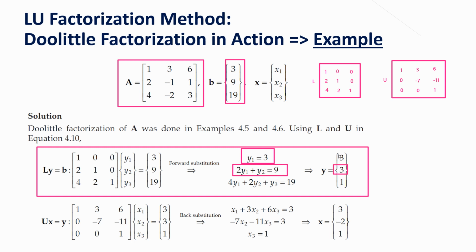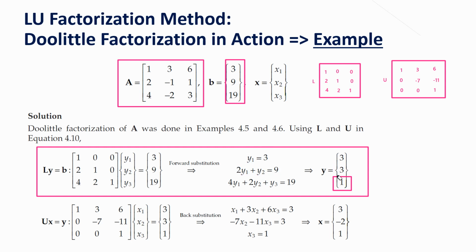Now y1 is 3, y2 is 3, you substitute back here, and then the last one: 3 multiplied by 4, 3 multiplied by 2, and then you get 18. Y3 will be equal to 19 minus 18, which is 1. Okay, that's forward substitutions.